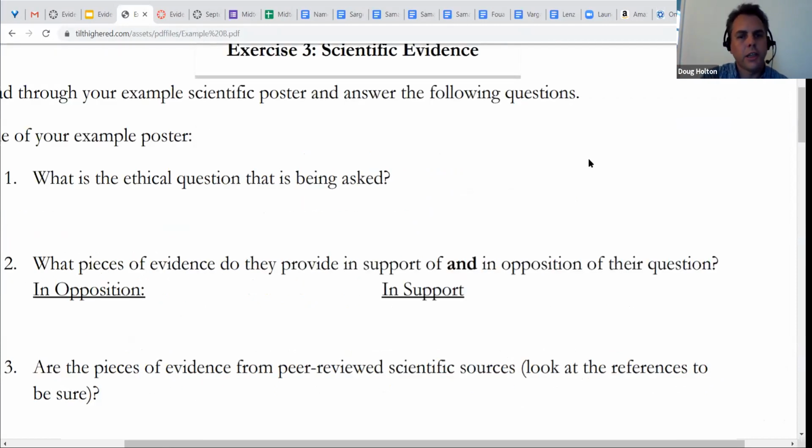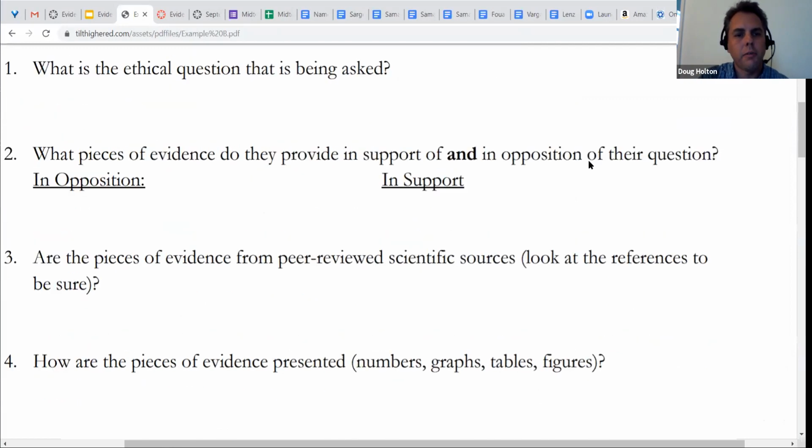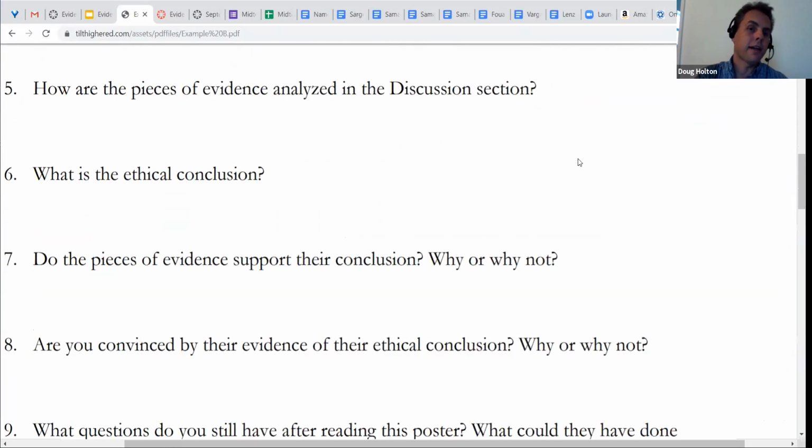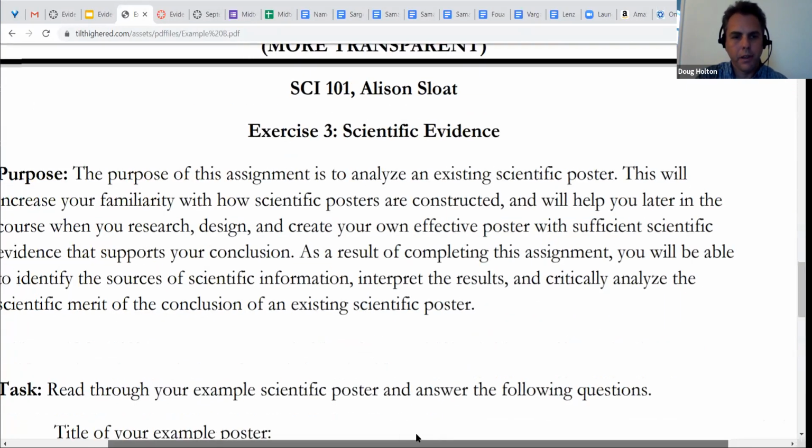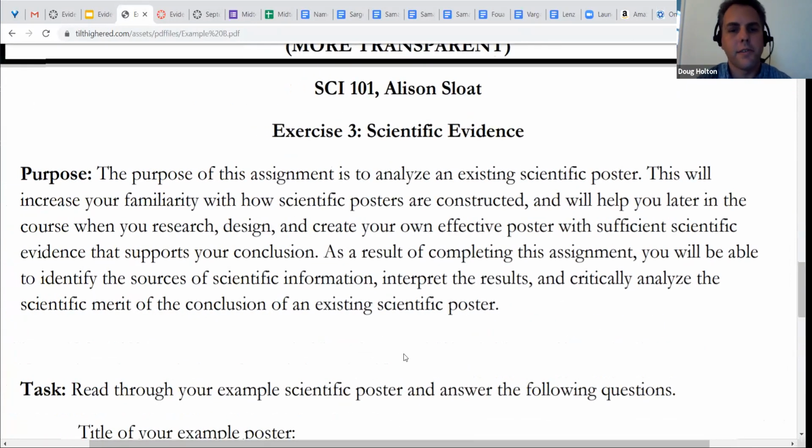In the original version, it just gave them a bunch of questions to answer. When they redesigned this assignment, they started instead with the purpose, like why are we even doing this assignment? They explain to them why they're doing it, how it'll help them when they create their own scientific poster later in the semester, and so on.